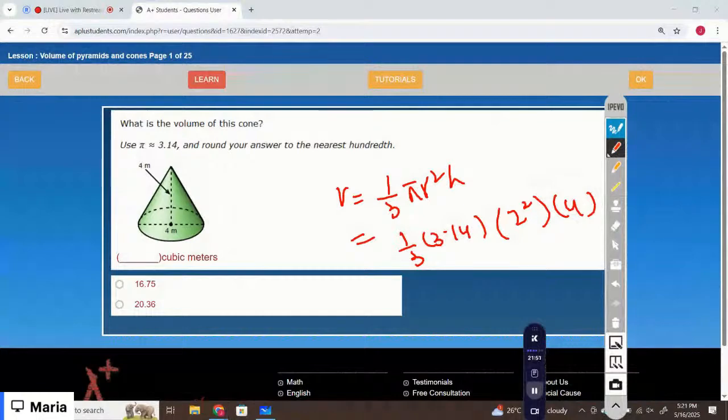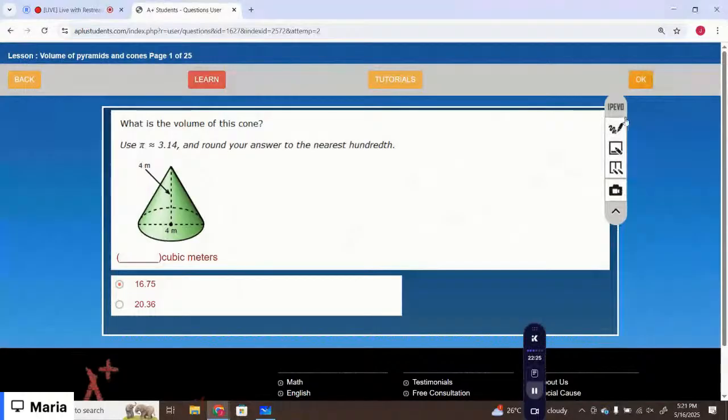That is 16.75. Option number 1 is the correct option.